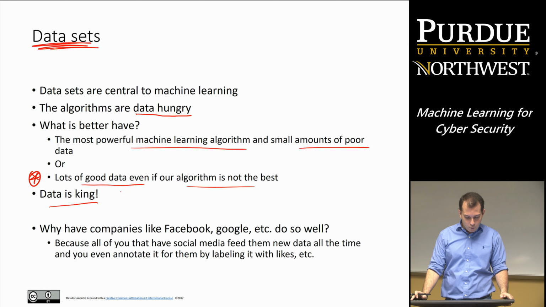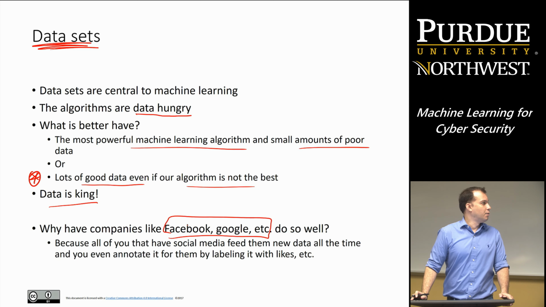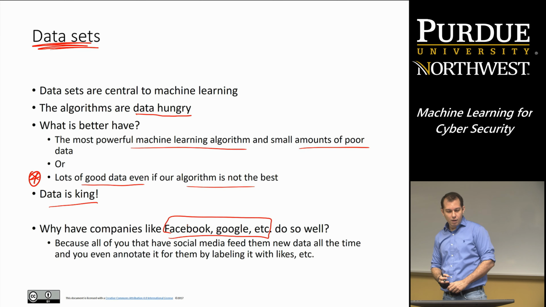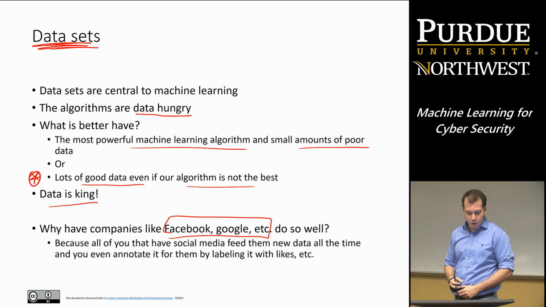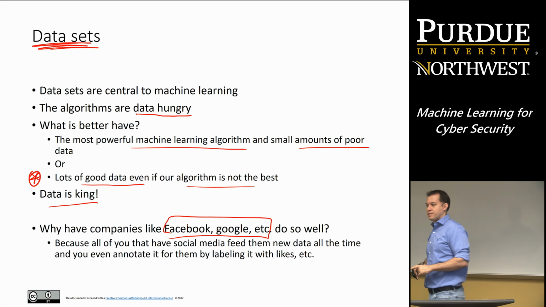This is what separates one person, no matter how smart they are, from these companies: these companies have tons of data to learn from. That's why data sets are so important. That's why people always say we need to do big data, because they need all that information to learn more, to learn better, basically.